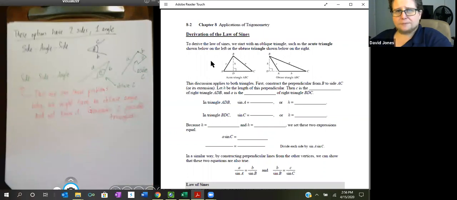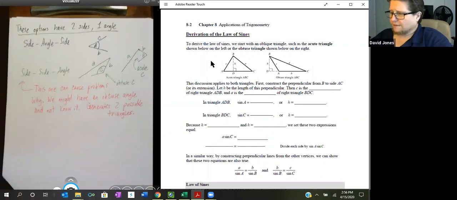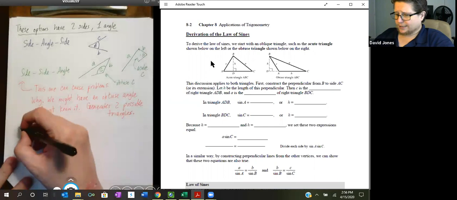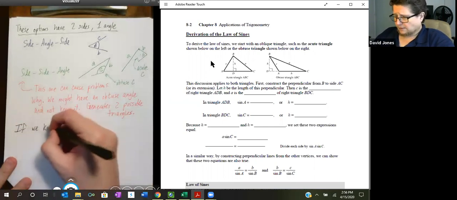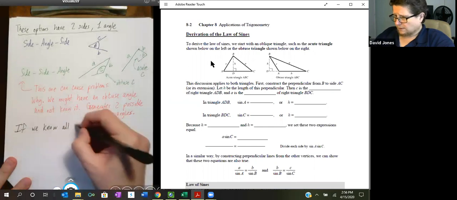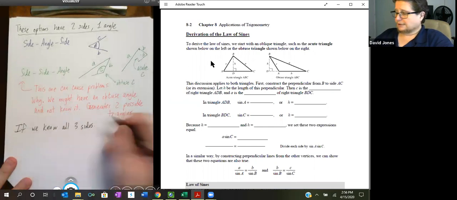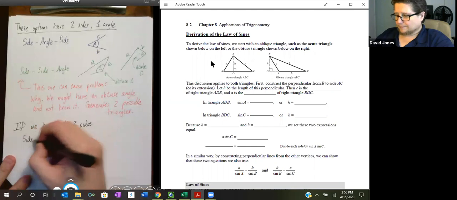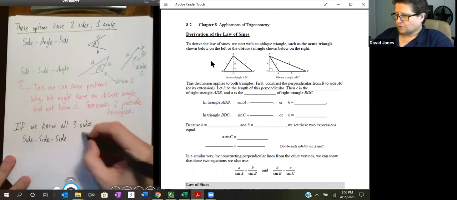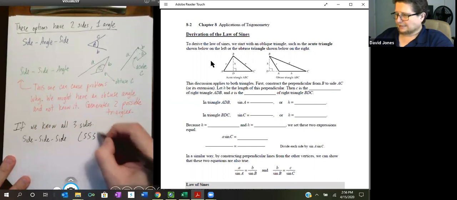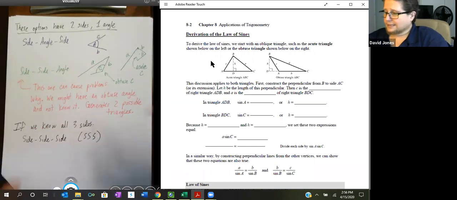So those are the options for two sides, one angle. We did the option for two angles, one side. The final option is knowing all three sides. That's the third option. Side, side, side, or SSS. This was SSA.